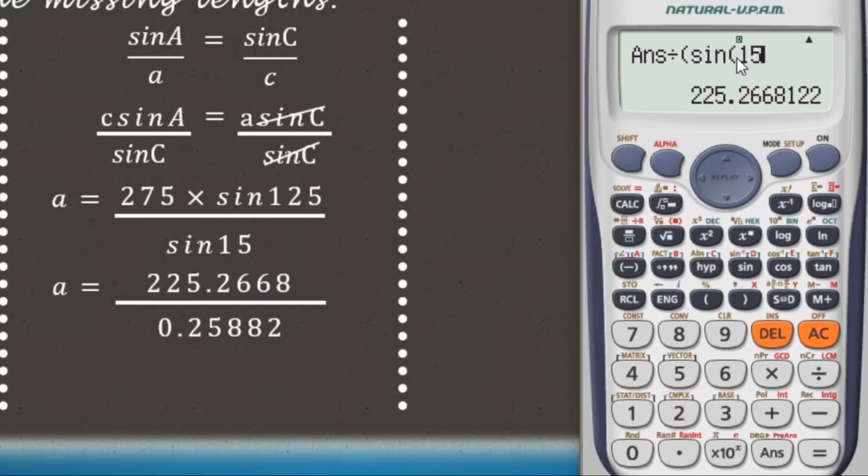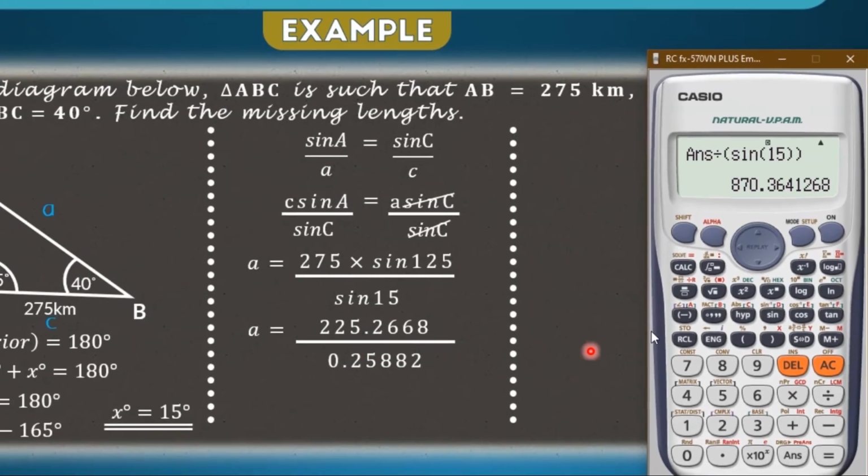Notice that my calculator here put a bracket, so I need to close the bracket for this operation of sine. Then there was another one here, I close. I hit equals, and it gives me the accurate answer. This answer has no errors, I'm telling you, because we calculated it on the calculator. It might not differ much from the answer you get if you divide these numbers, because I tried as much to get enough digits so that the answer does not change even if you calculate using these numbers.